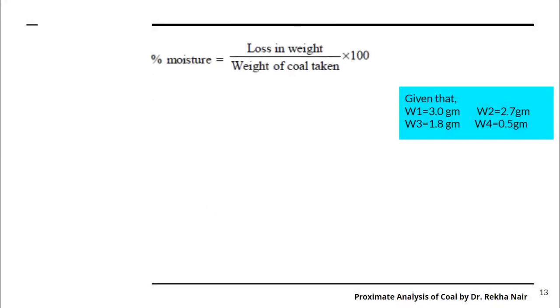Now, we have the formula: percentage moisture is equal to loss in weight upon weight of coal taken. Loss in weight is W1 minus W2 and weight of coal sample taken is W1. So 3 minus 2.7 upon 3, that is loss in weight upon weight of coal sample taken multiplied by 100, is percentage moisture.